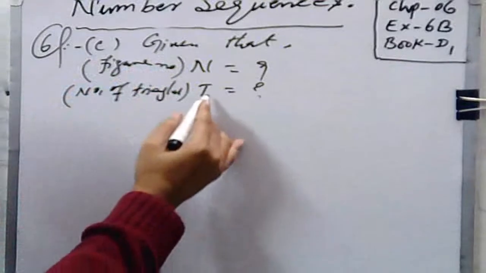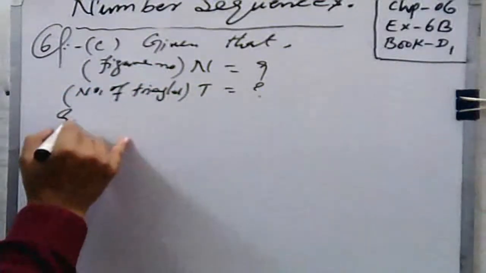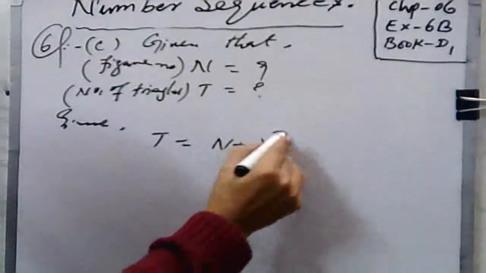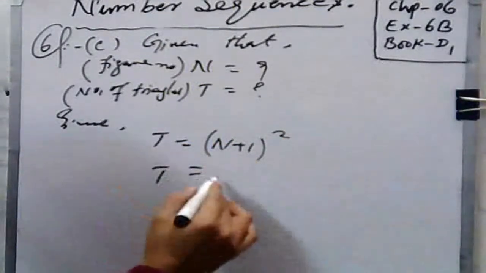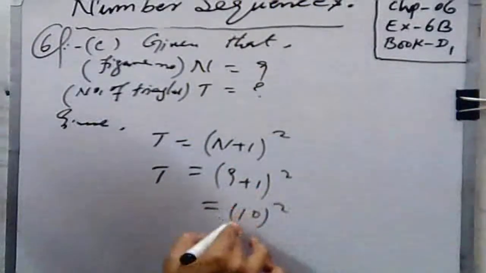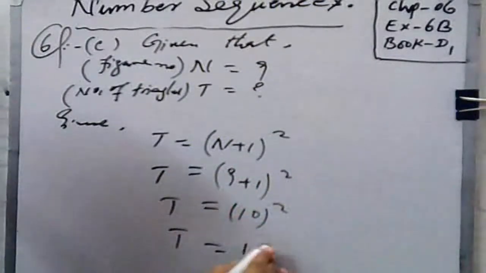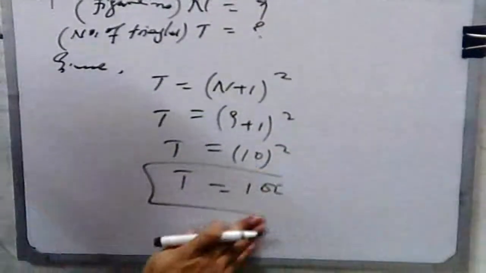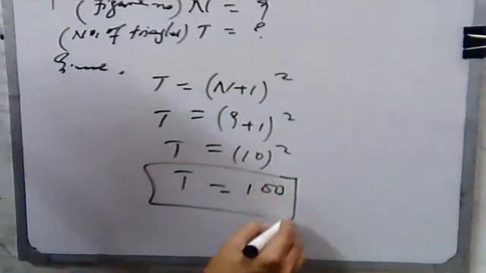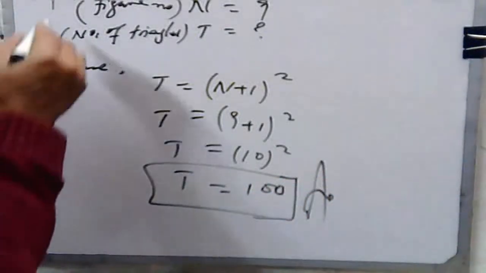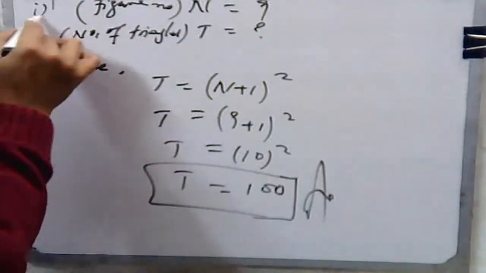So we have to find T, but since we have a very simple formula, T is equal to n plus 1 whole square, putting the values you get 9 plus 1 whole square, so the value of T is 100. So the number of triangles is 100, so 100 is your required result. That is your C part.